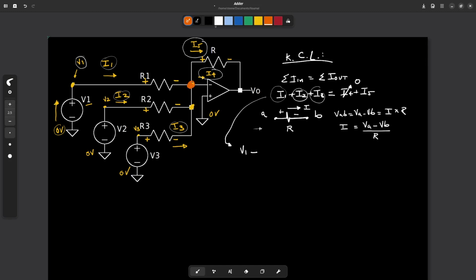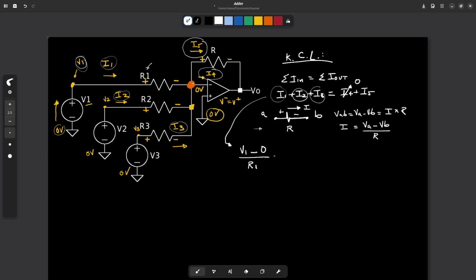okay? But remember that by means of virtual short, V minus equals V plus. So V plus is at a potential of 0 volt, so this node is at the same voltage, 0 volt. So from here I have that I1 would be V1 minus 0 divided by the resistor's value, which is R1.